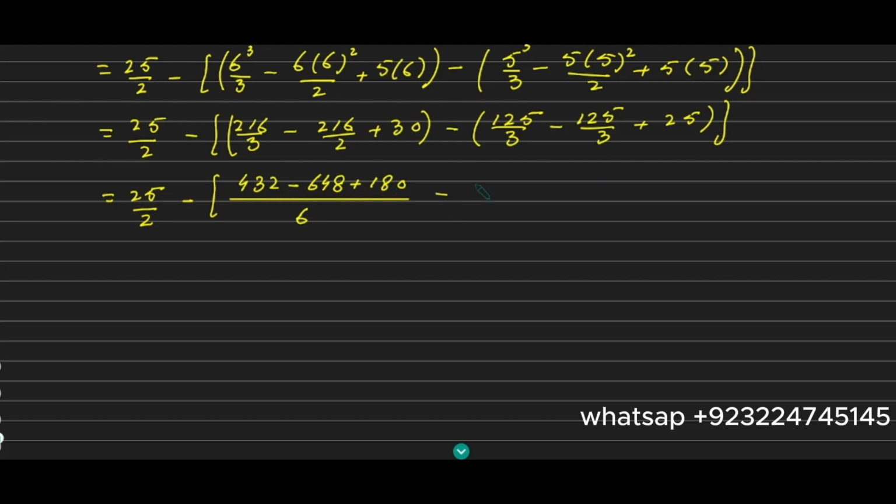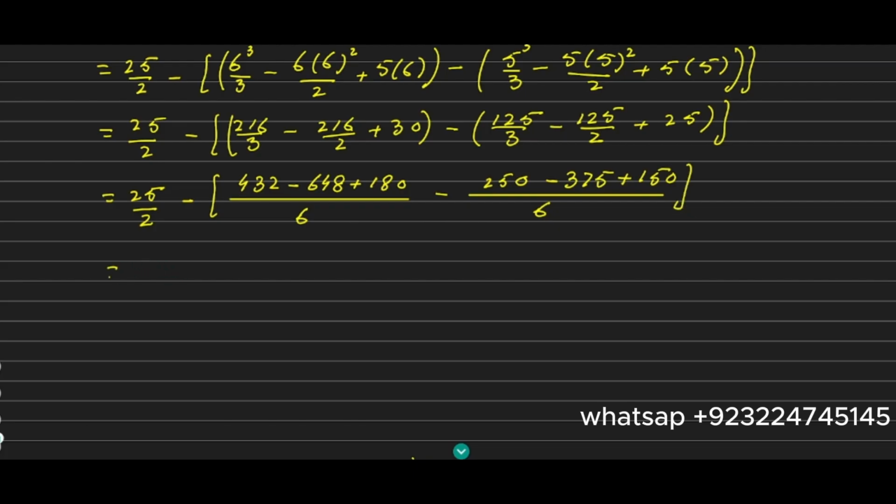Minus, now we simplify this, we take LCM 6: 2 into 125 we get 250, minus 3 into 125, 375, plus 150.